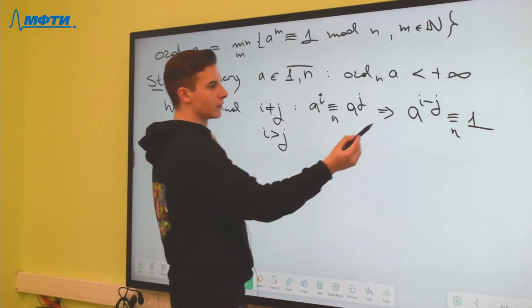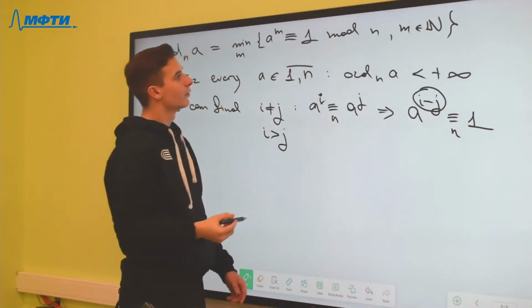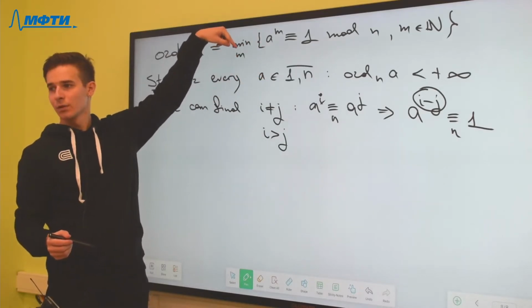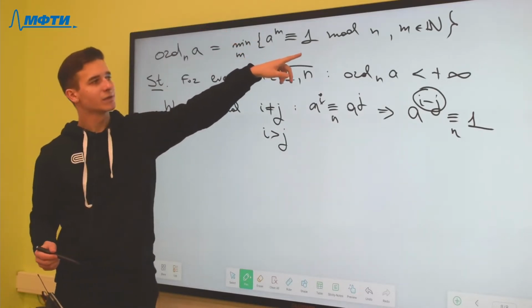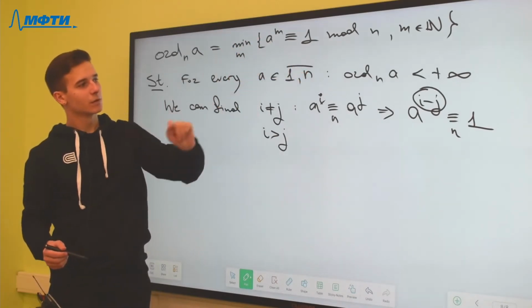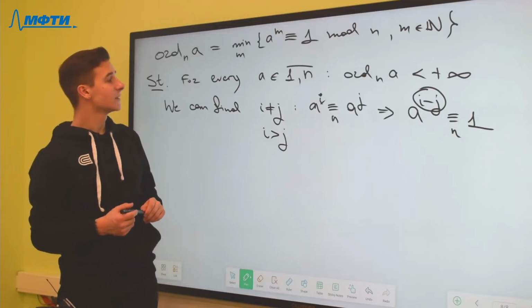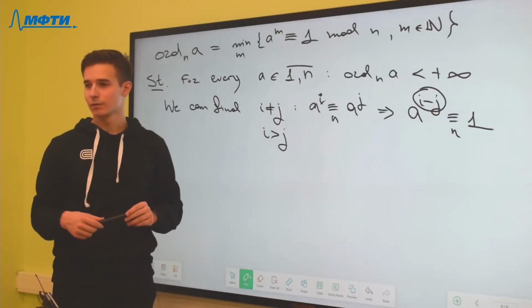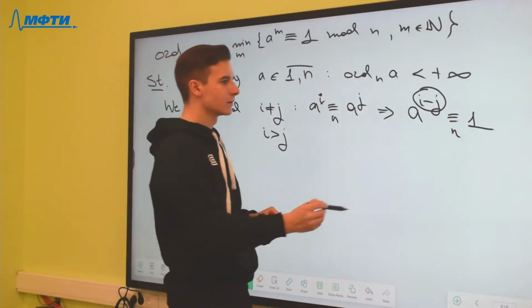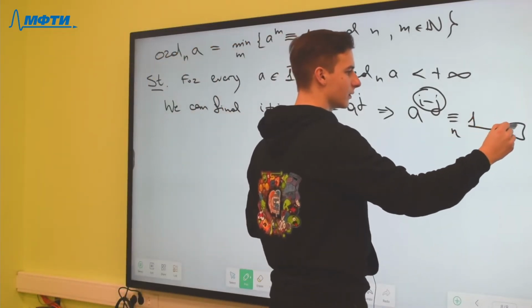So it is one of such integer numbers, and so this set is not empty, and minimum is less than plus infinity. Is it understandable? Yeah. Okay. So it is the end of the proof.